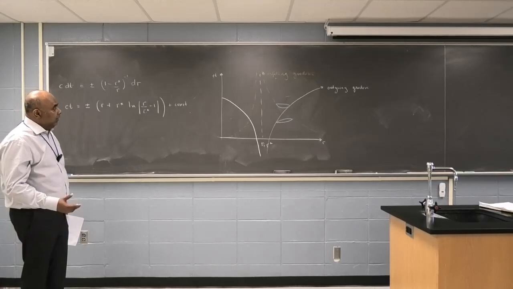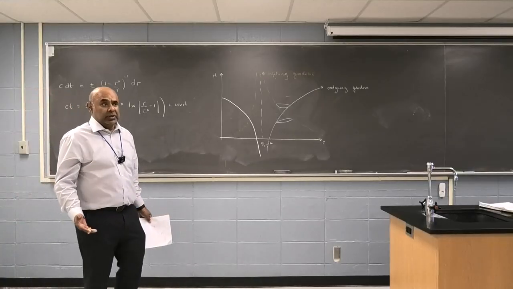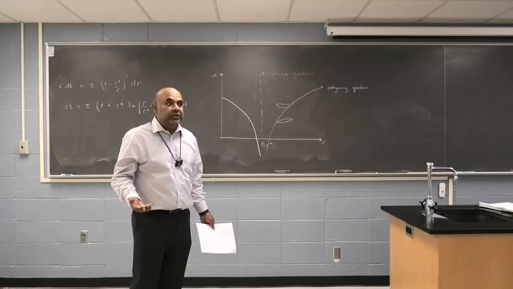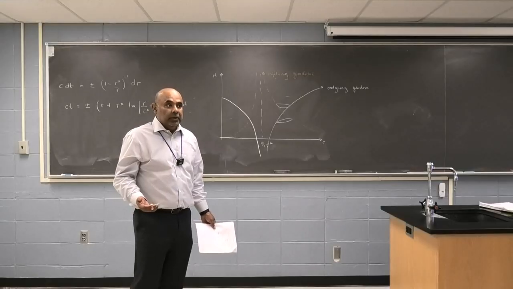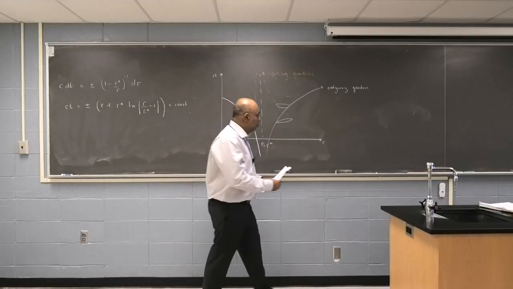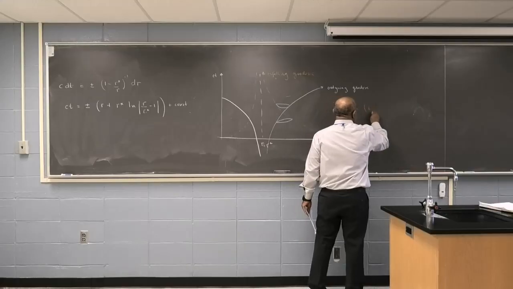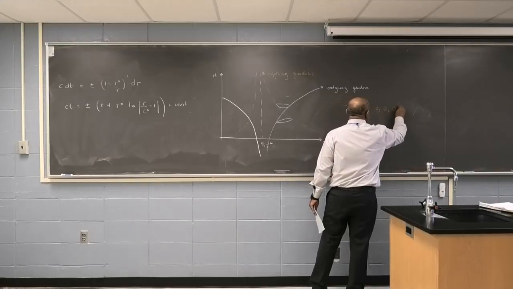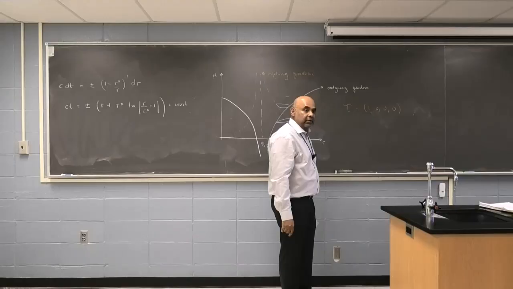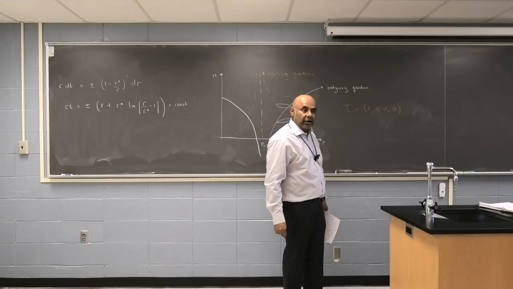Inside of R equals R star, the Schwarzschild coordinate system works fine, but the time orientation does not. Because remember in Schwarzschild coordinates, the vector tau equals 1, 0, 0, 0 is time-like only for R greater than R star.